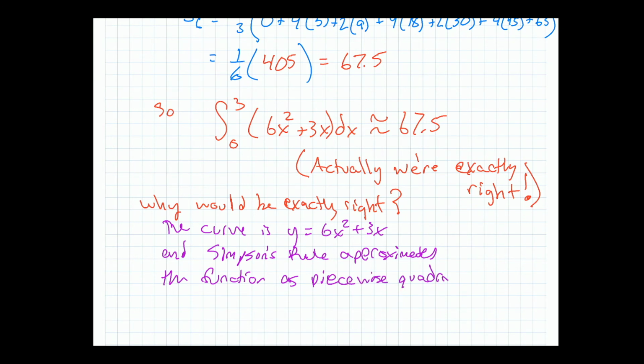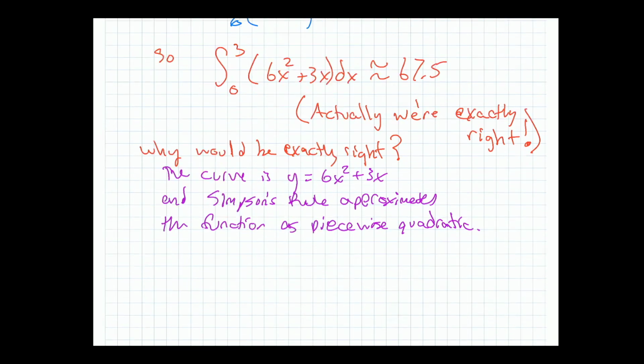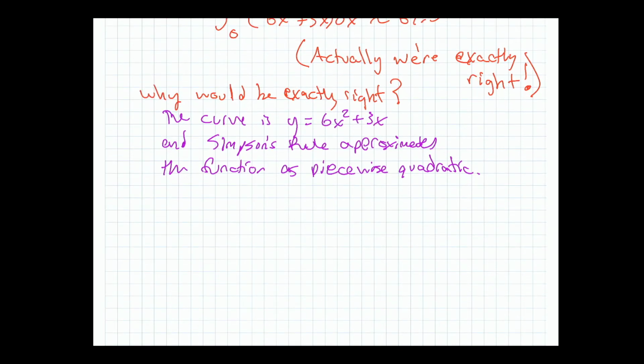Well, guess what? If you approximate a quadratic with a quadratic, you're going to get an exact answer. That's not an approximation, that's just what it is. So of course it's right. Approximating a quadratic by a quadratic is perfect. Second degree with a second degree works fine.